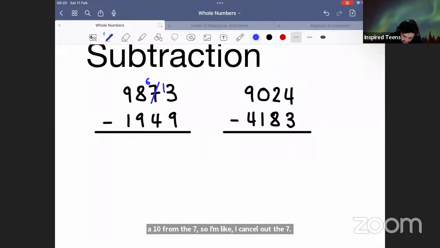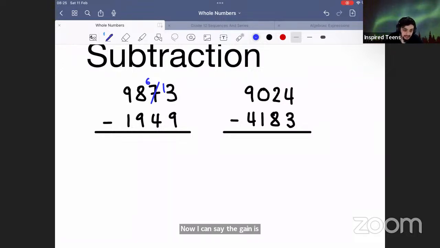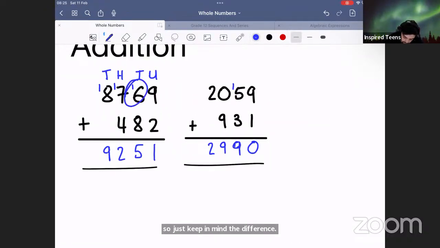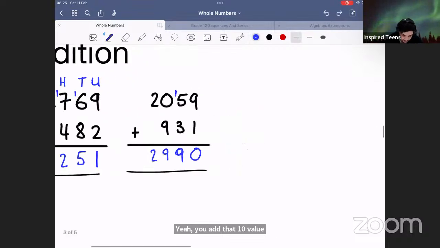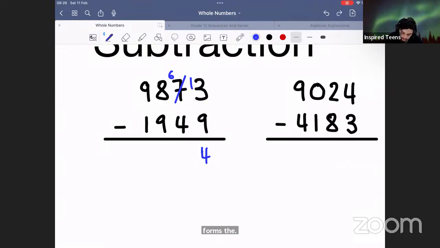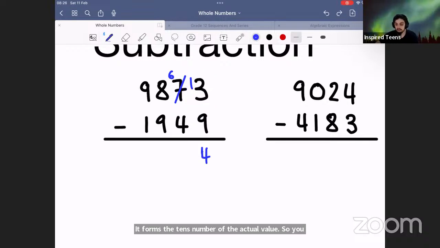And I give the 3 a 10 and it makes it 13. Now I can say 13 minus 9 and that gives me 4. So just keep in mind the difference. Here you add that 10 value, like 1 plus 6. Here, it forms the tens number of the actual value. So you have a 10 and a unit, and that makes it now a bigger number than 9, for example.